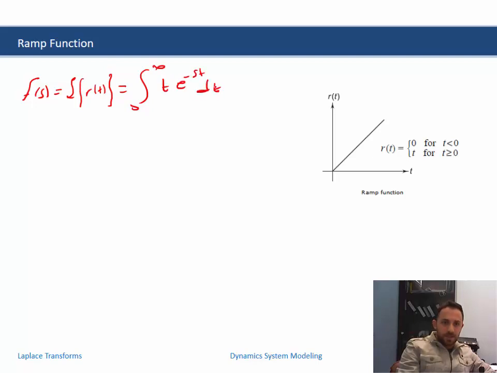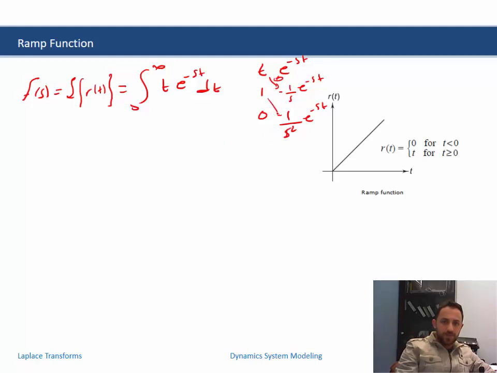st dt. Now, in order to determine the integral of these two functions multiplied with each other, the derivative of t is 1, the derivative of 1 is 0, the integral of this term is minus 1 over s e power minus st. The integral of this term is 1 over s squared e power minus st. Okay, now we can multiply this term.